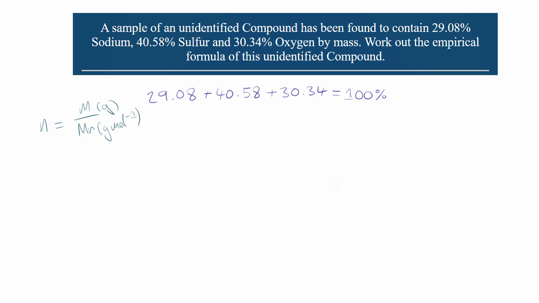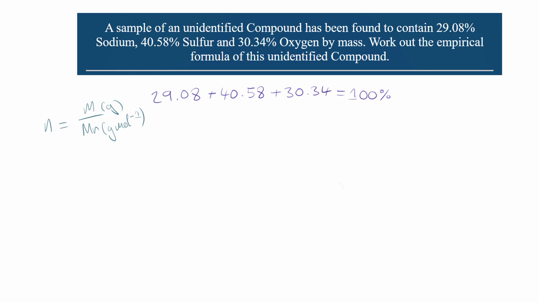Okay, so where are our molar masses? How do we work that out? Well, we need the periodic table, unless you've memorized what the relative atomic masses of all of these are. But if we do refer to the periodic table, remember we're looking for sodium, sulfur, and oxygen.